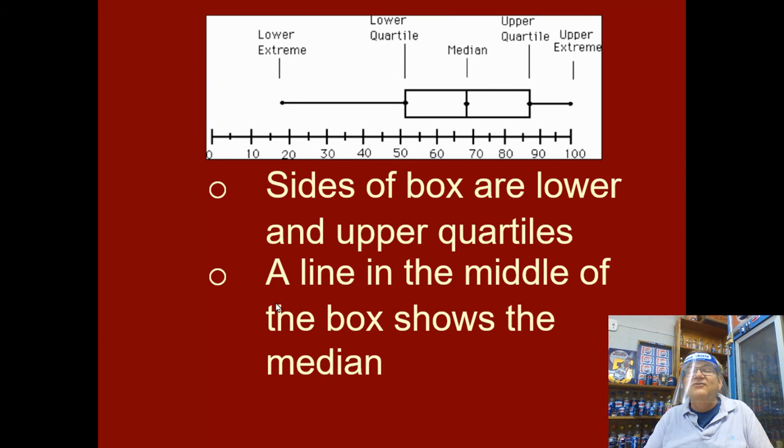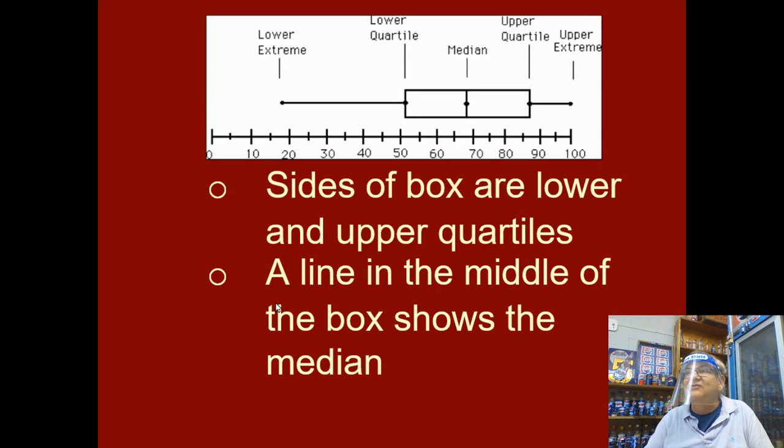What the box is doing is focusing in on the middle of your data. The line in the middle of that box is the median, and the sides of the box are the lower quartile and the upper quartile. So I can basically say, like in the graph you're looking at there, half of our data is between, probably about 51 and 86.